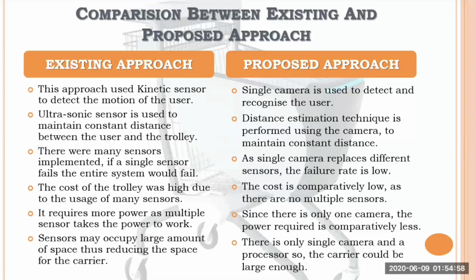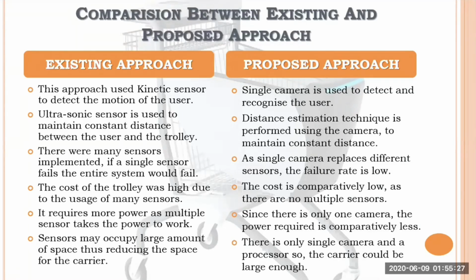If a single sensor fails, there is a chance that the entire system will fail. Suppose, consider a scenario where the ultrasonic sensor fails and at that time a collision may happen. But in our proposed approach, we are using a single camera to replace all those sensors. Hence, there might be no failing of sensors or any issue in the system. Thus, our proposed approach is much better than the previous approach.